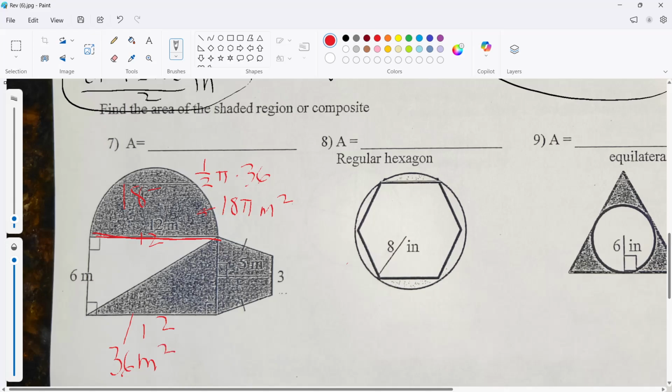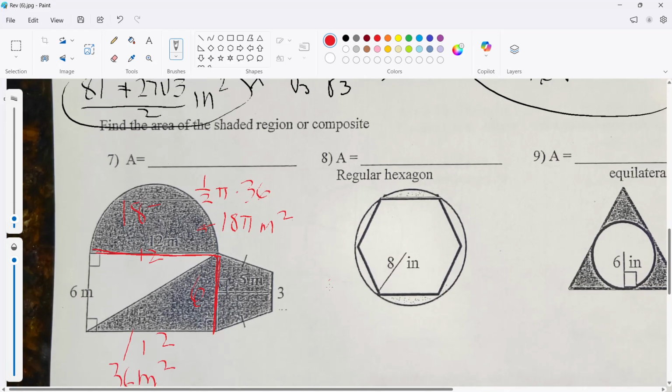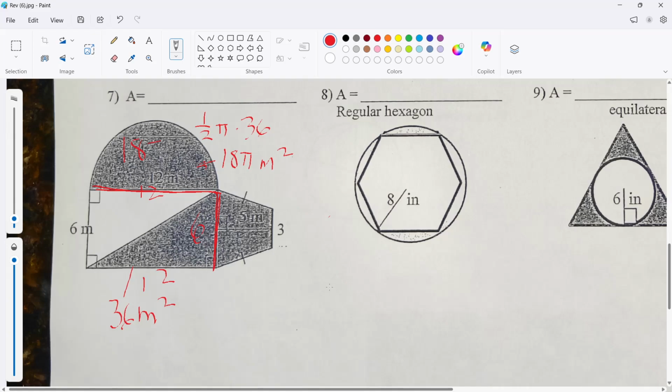And this one, this base is 6, and this is 3. So remember, the area of a trapezoid is base 1 plus base 2. 6 plus 3 is 9, divided by 2 times 5, which is the height that's given there. 5 times 9 is 45 over 2, which is 22.5 meters squared.